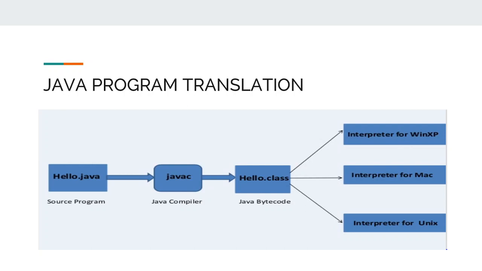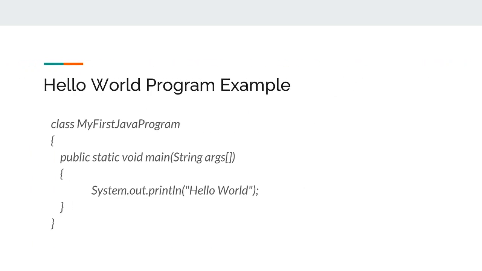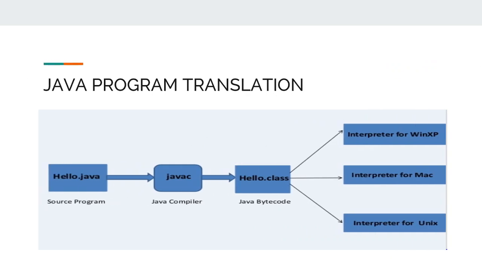After this, the .class file is executed by the interpreter. The interpreter is used to execute the .class files, so that we get the output as whatever is written in the program. If we take this example, we will get the output as hello world.